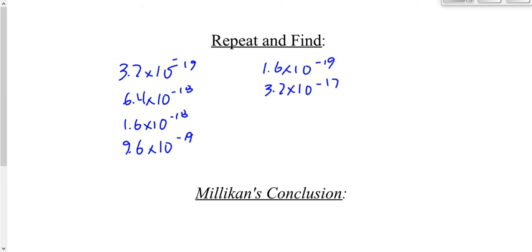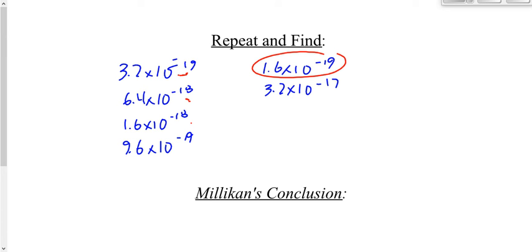All these different charges of oil drops. But he finds that, look, they're all multiples of that number. This one is twice that number. This one is 40 times that number. This one is 10 times that number, and so on and so on. They're all whole number multiples of that one number.